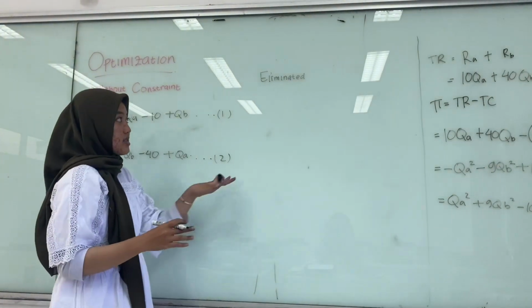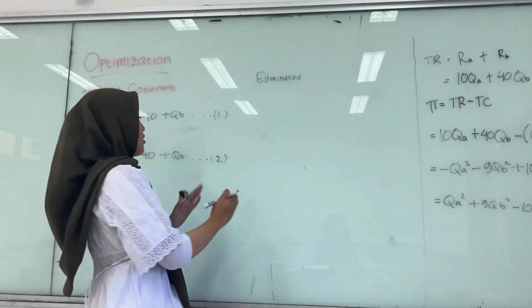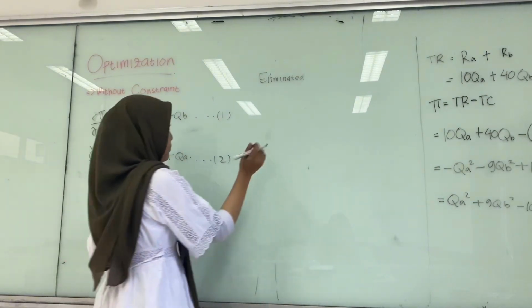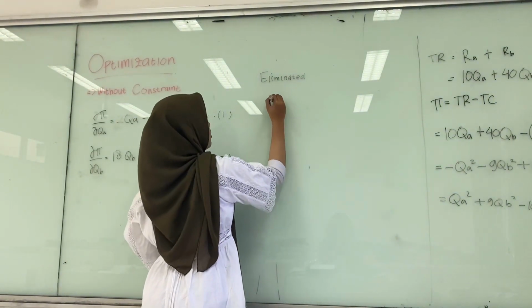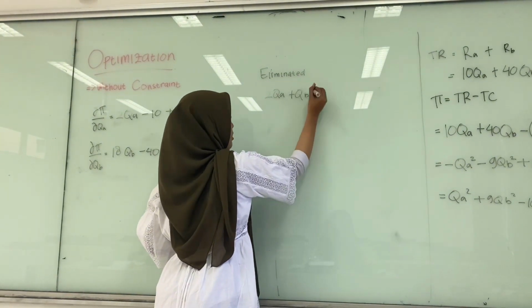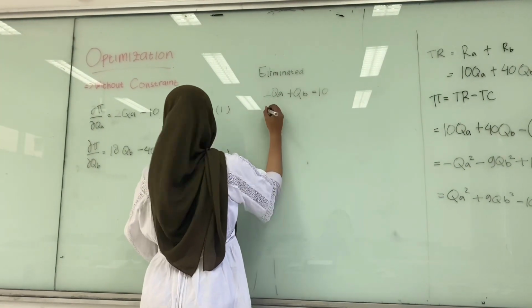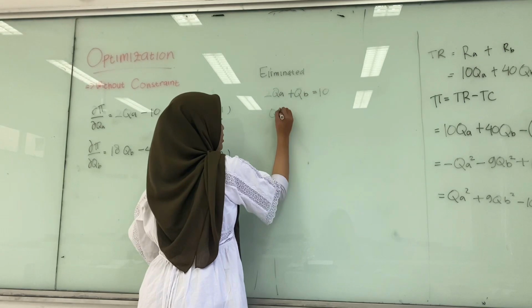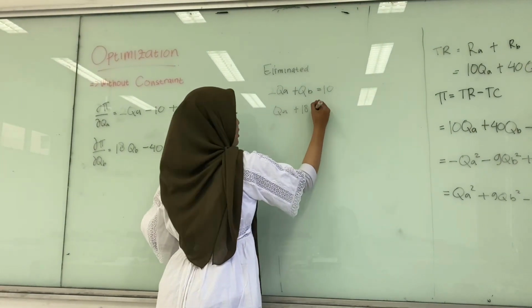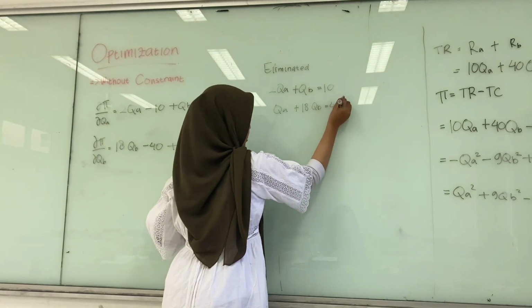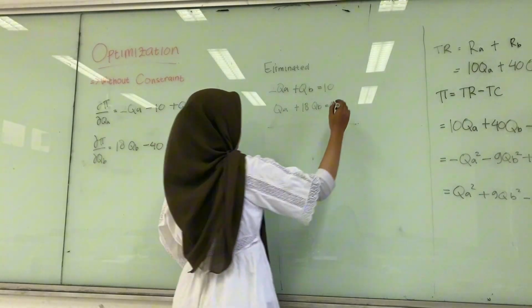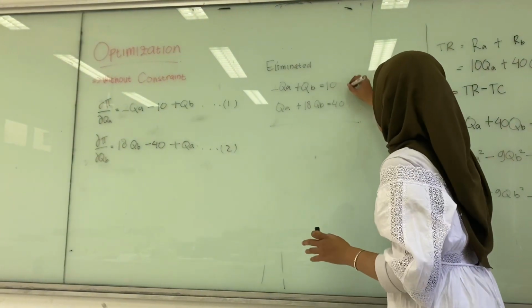Okay, the next is we eliminate the first equation with the second equation. 2QA plus QB equal to 10, and QA plus 18QB equal to 40. We eliminate the QA.